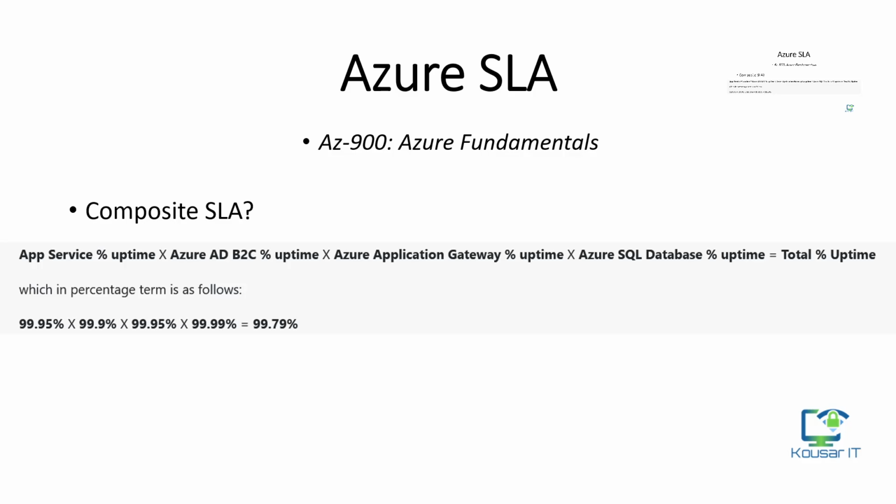There are different variations of service level agreement from the Azure side. Each product is different. So in this formula I have application gateway, active directory, and SQL database server. All together they make a composite SLA, and that will be the exact SLA, which is 99.79%.